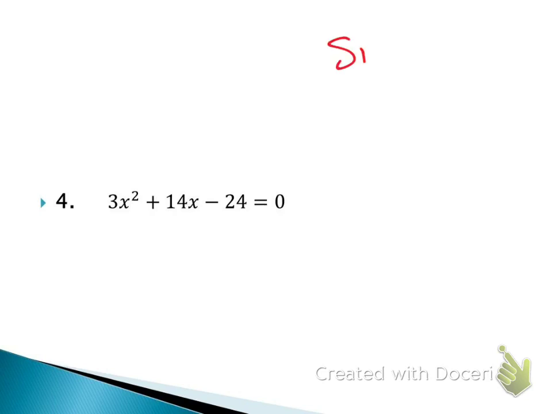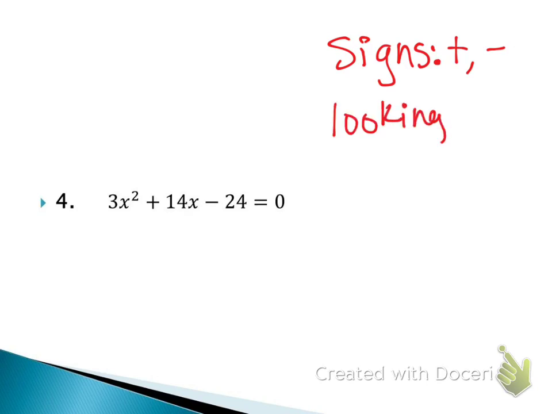What are my signs going to be? Good. One of each because our constant is negative. So we gotta have one of each. What are we looking for? Good. Looking for a positive 14. My only option for my first bubble. 1 and 3.